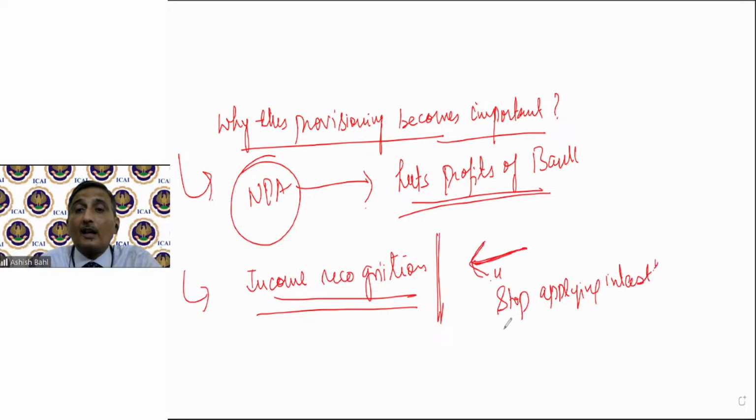The banks do not recognize interest income as their income in respect of NPA accounts. Okay, they would post this interest in a sort of memorandum account, but they would not be taking it to their income head. In their profit and loss account, they would not be recognizing it as income.